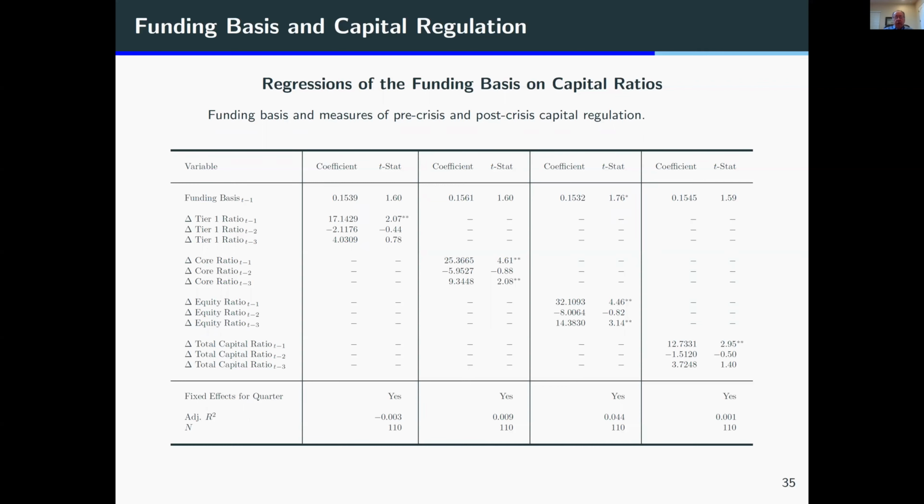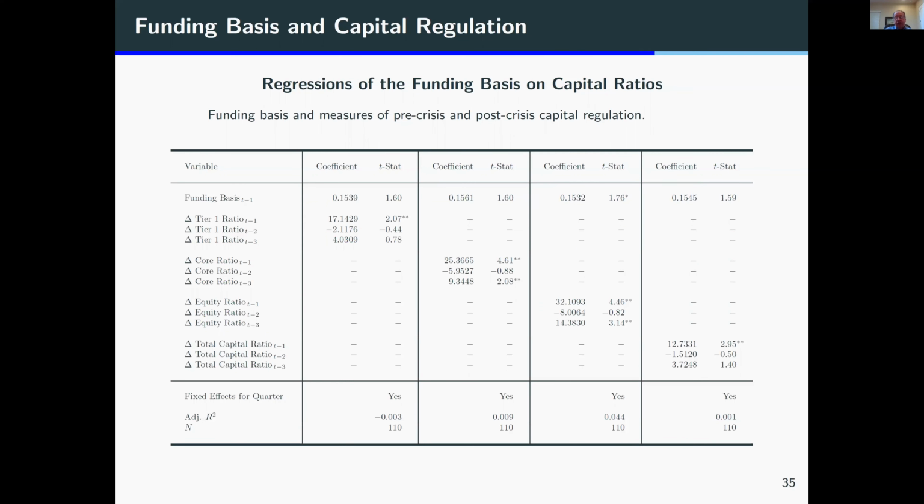Another way of approaching this, and this now focuses more on the capital regulation story, is that we're going to regress changes in the funding basis on changes in various regulatory capital ratios that have become important. The idea here, and we're making an assumption, admittedly, is that if a bank increases its capital ratio, it's doing it because it's constrained to do that.